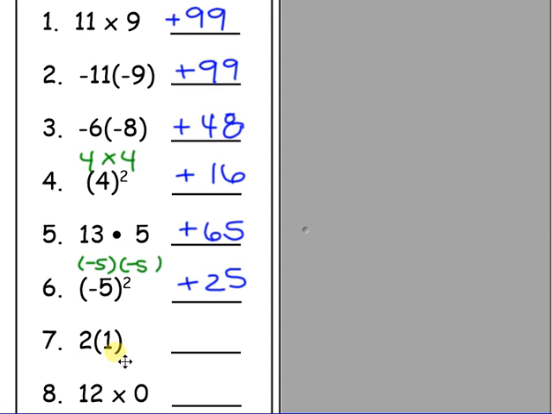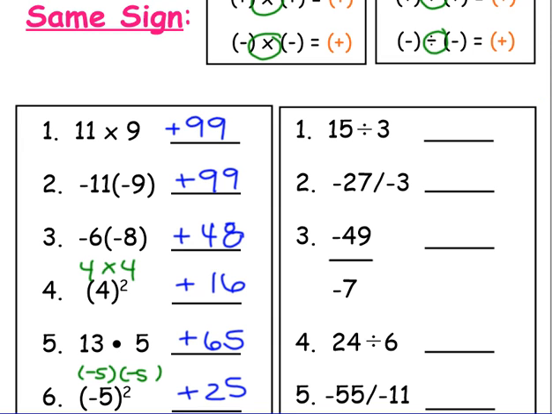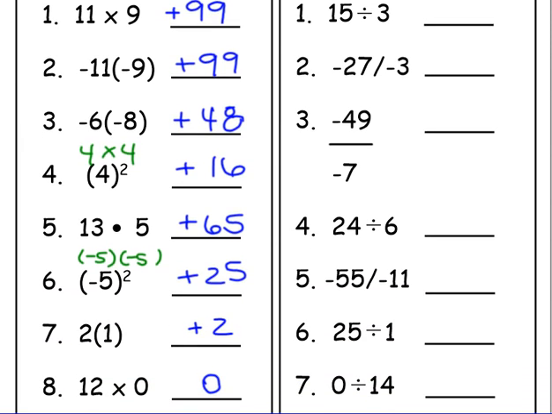Here I have positive 2 times positive 1, which is going to be positive 2. Here I have 12 times 0, and anything times 0 is 0. And just an important note, 0 is neither positive nor negative.